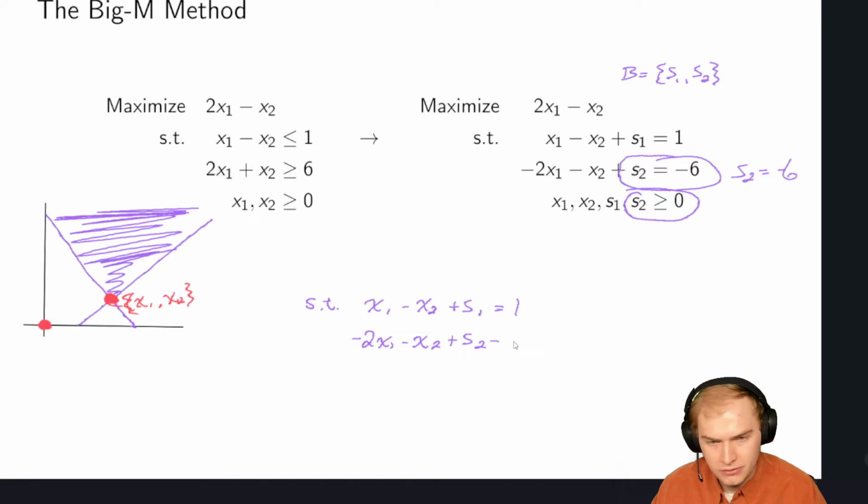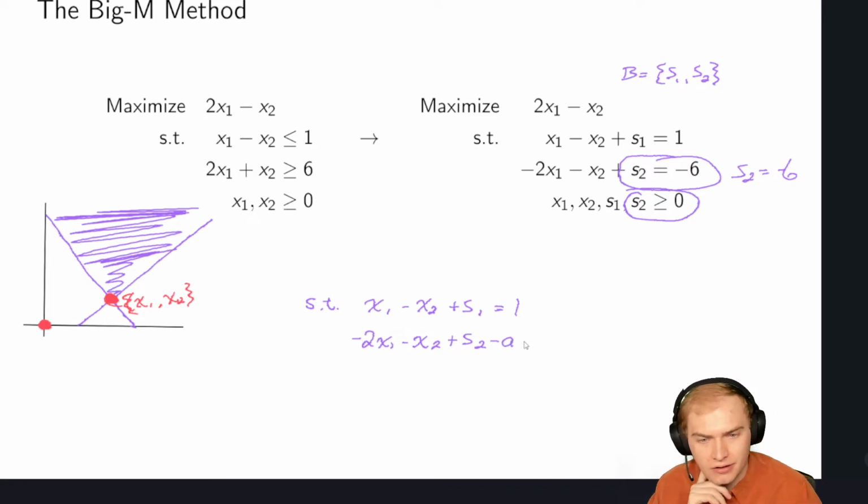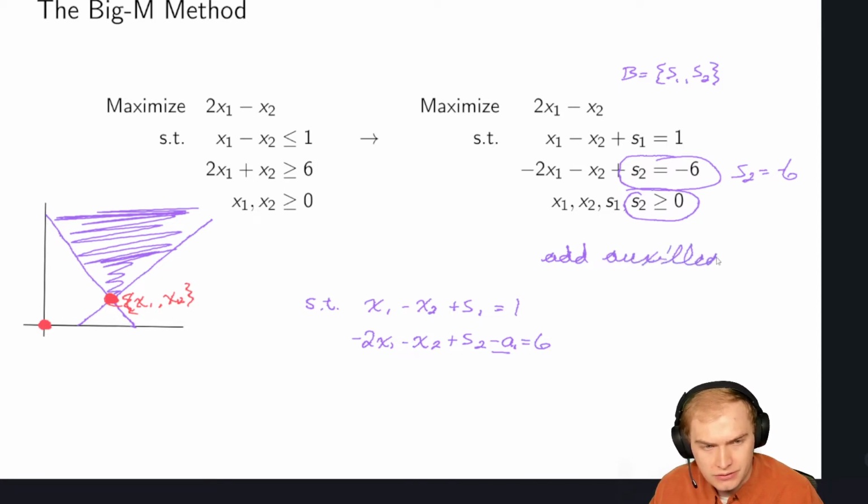We're going to add what's called an auxiliary variable, A. Add auxiliary variable A to violated constraints.